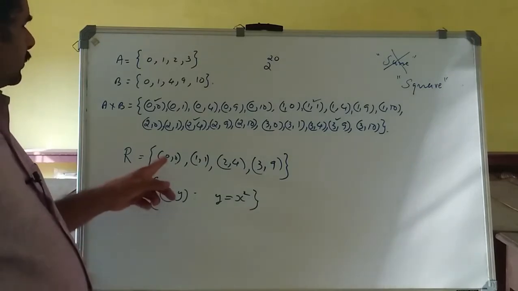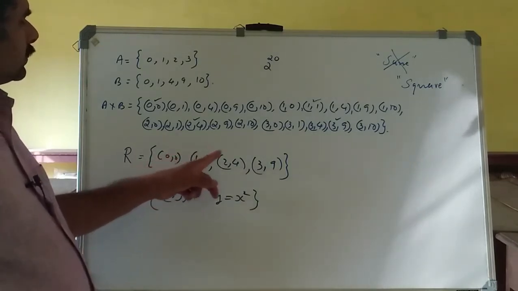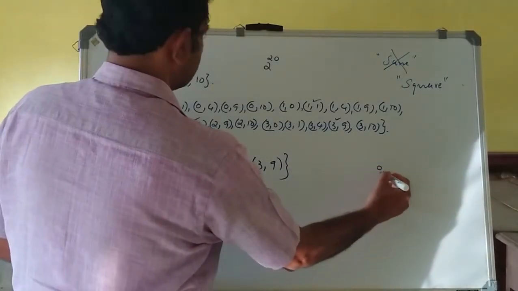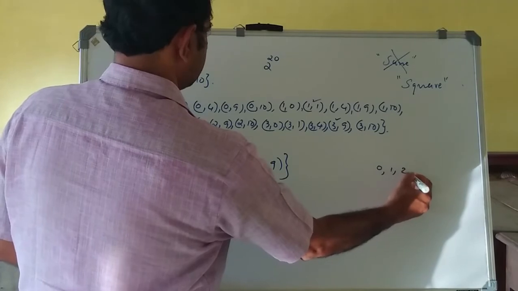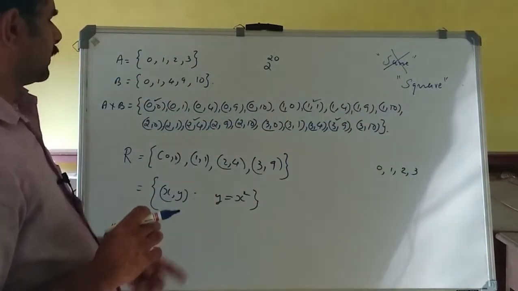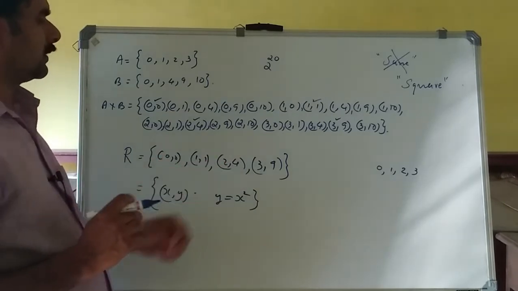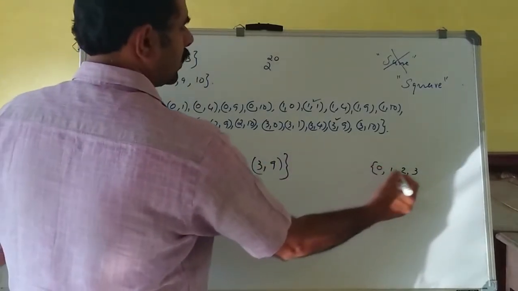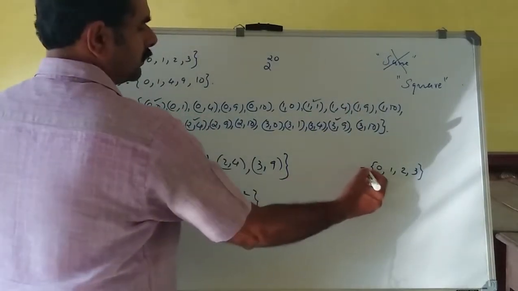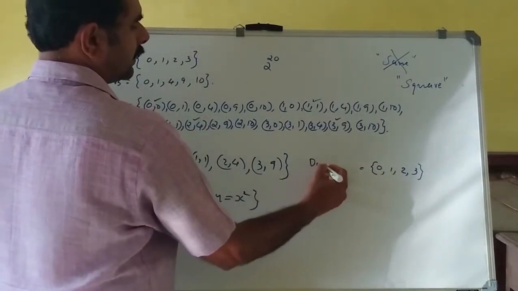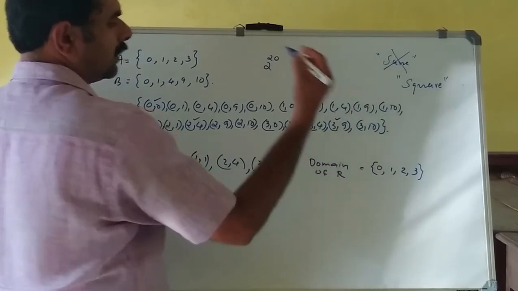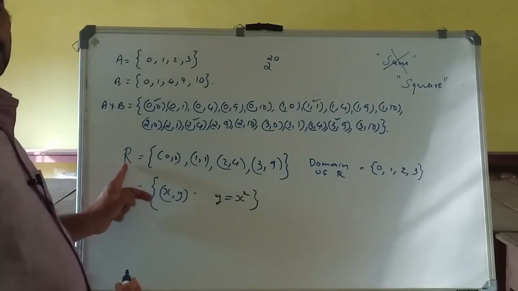Here, which are the first values? 0, 1, 2, 3. These are the first values. This is the first value of the relation. This set of first values is taken as the domain of capital R, domain of the relation.